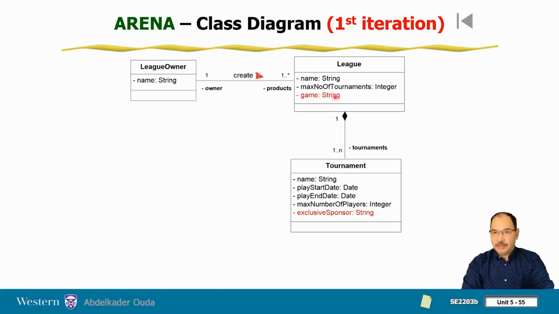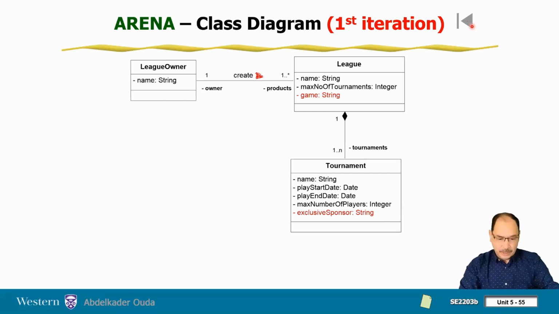How many tournaments inside this league? And I say here 1 to n. That means it's not one to many, it's one to a specific number. And this is going to be a collection. Then inside the league class, I'm going to have a collection of type tournaments, and the name of this collection is tournaments.